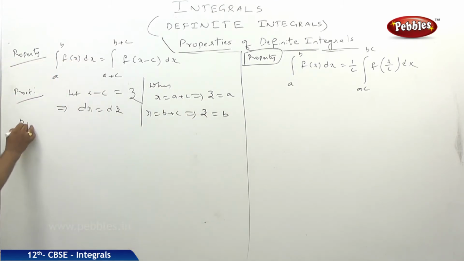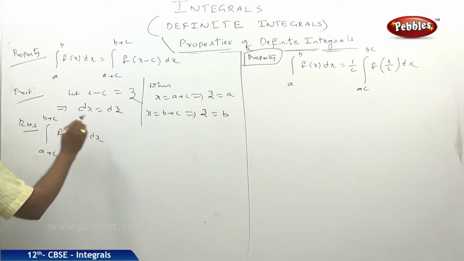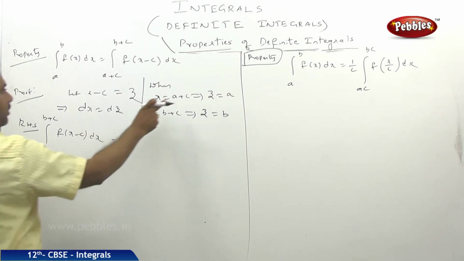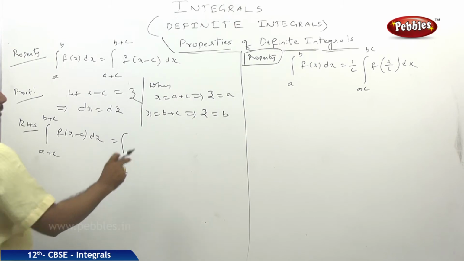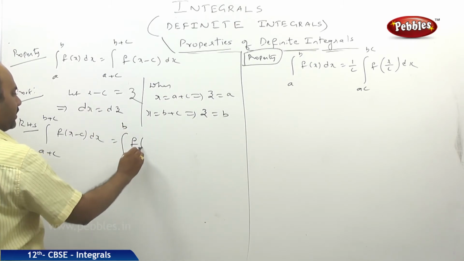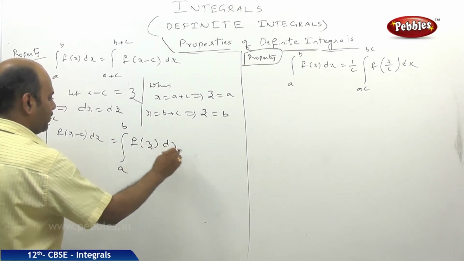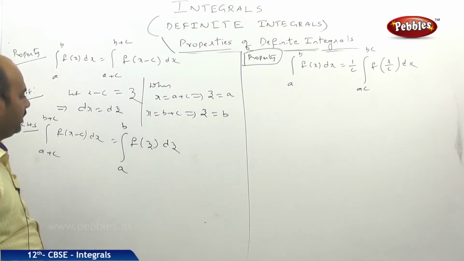Now I will be taking the RHS, integral of a plus c to b plus c f of x minus c dx is equal to integral of, when x is equal to a plus c the value of z is a, when x is equal to b plus c the value of z is b, and I kept x minus c as z, so f of z, and dx means dz. So finally what I got is integral a to b f of z dz.